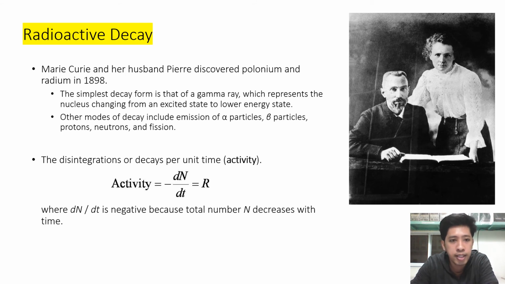This radioactive decay can be explored mathematically using the disintegrations or decays per unit time, which we will refer to here as the activity. The activity R is equal to the negative time derivative of N, so you have negative dN over dt, where N is the number of unstable atoms. dN over dt is negative because the total number N decreases with time, and we want a positive activity.